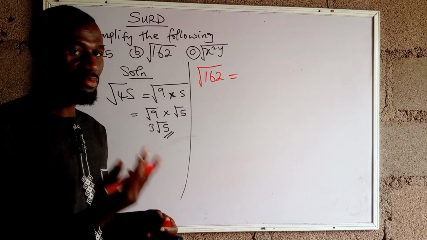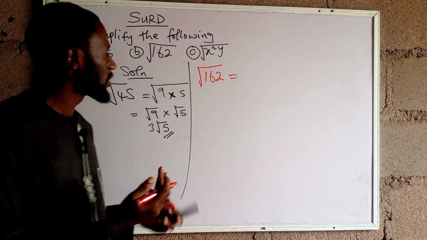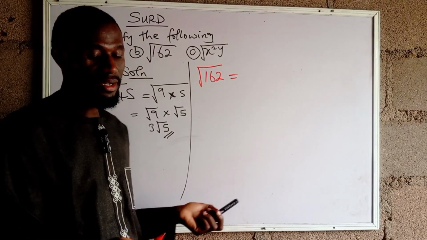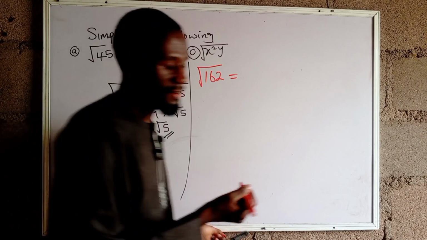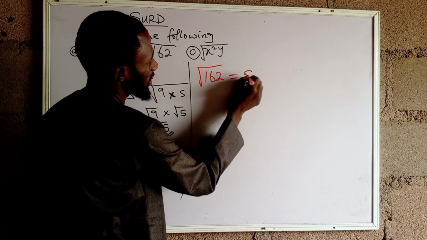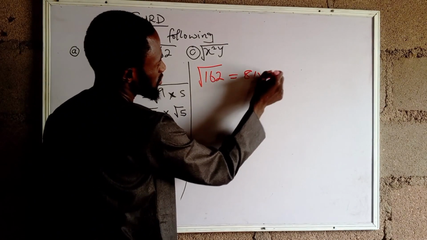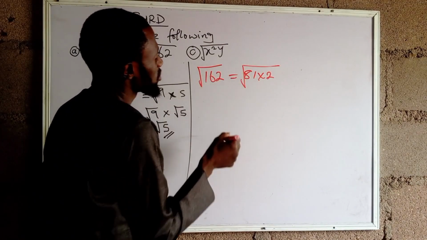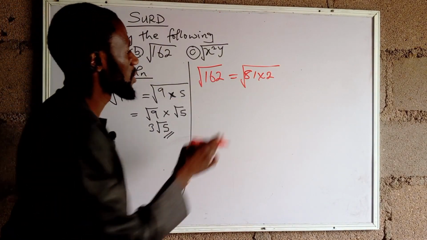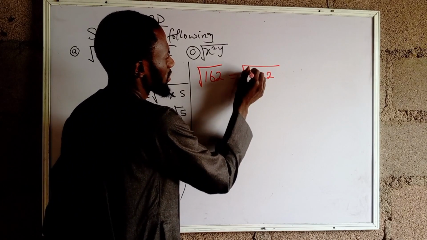One of the numbers must be a perfect square, a number that has a square root. Let's take 81 times 2. 81 times 2 is 162.